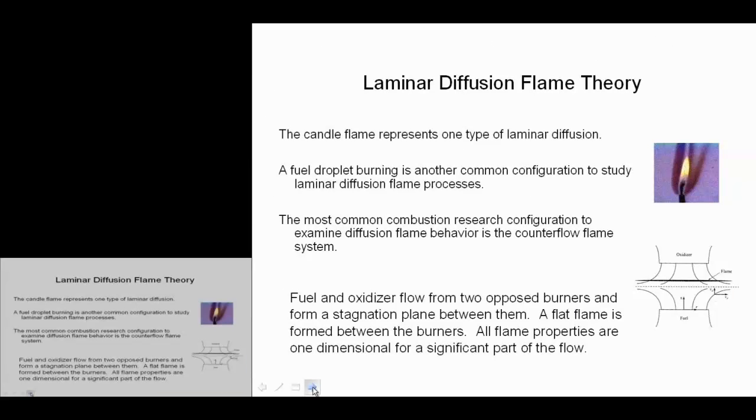Okay, so one of the theoretical constructs and underpinnings for understanding diffusive burning is the laminar diffusion flame. The laminar diffusion flame is one of the simplest types of flame systems. We'll see lots of pictures of this system, but really what we have is a molten system, and it's molten because of heat transfer from the flame.